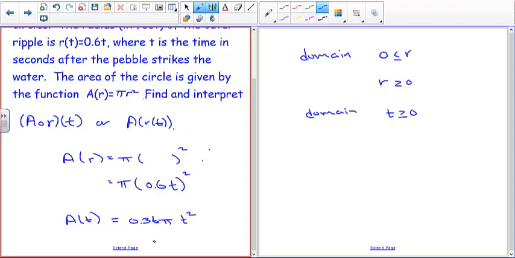In this case, t has to be greater than or equal to 0, which will make r greater than or equal to 0. So everything's hunky-dory. So the domain of the composite function is t has to be greater than 0. The composite function is just a function of t, whereas the original function was a function of r, but then r is a function of t.